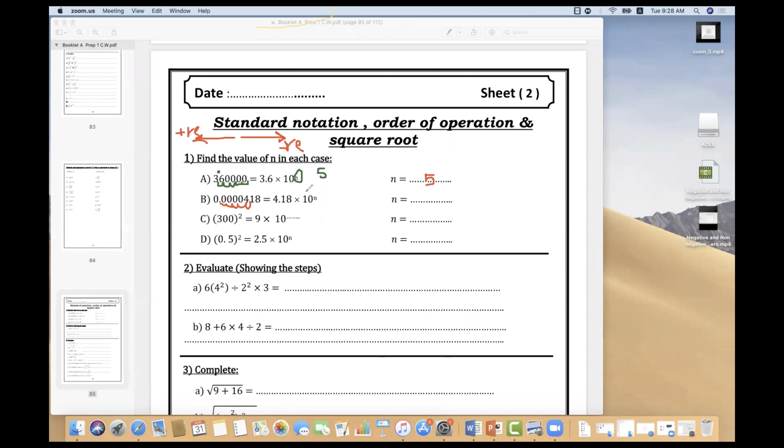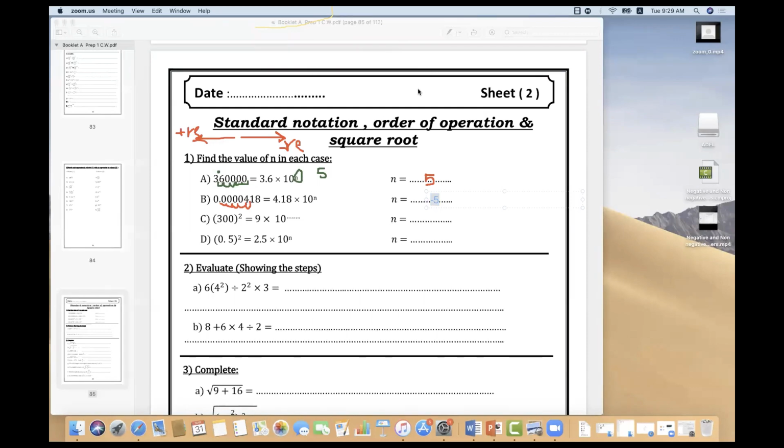It will be negative. In the negative direction, right? So the value of n will be negative 5. Excellent. Negative 5. Yes, the next.